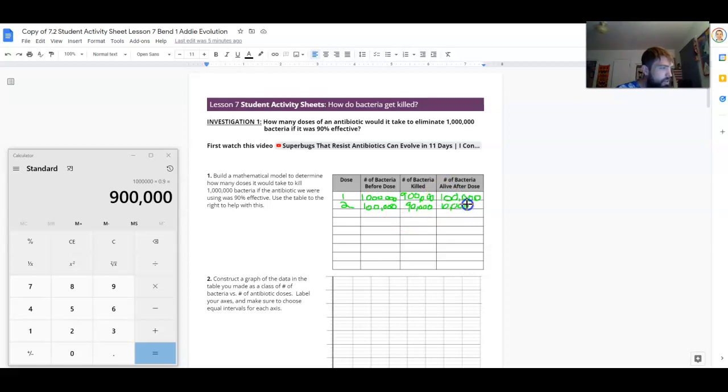So this should be really quick and snappy for you. You just take this number, multiply it by 0.9 for 90% effectiveness, and then however many are left, go here, and also that's how many we start with. So for round 3, we're starting with 10,000.